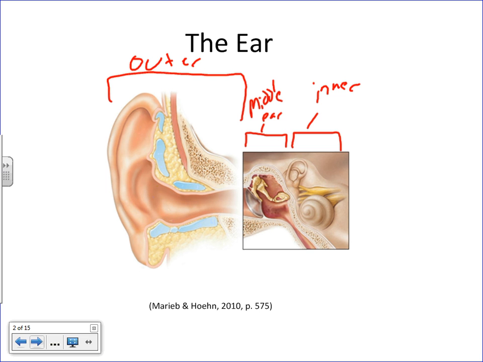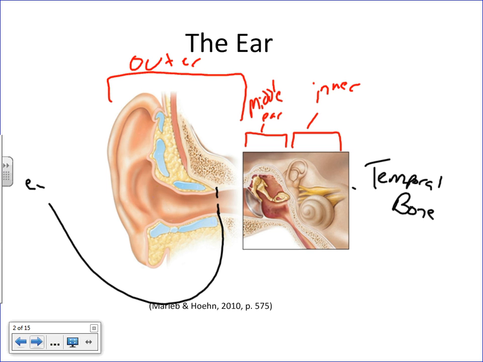So, one thing you have to remember is that when we talk about the physiologic processes that are taking place, the ear is at the level of the temporal bone of the cranium. And remember your bony landmarks, the opening of the temporal bone, this is going to be the external acoustic meatus.